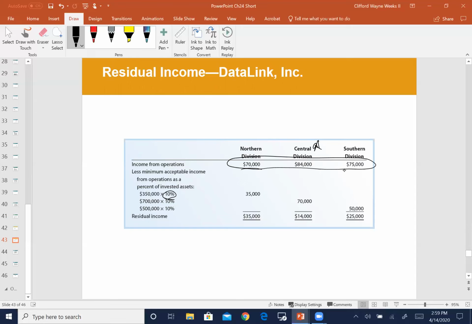And so we took the $350,000 and multiplied it by the 10%, giving us the 35. And so we took the 70, subtract the 35, and we have residual income of 35 for the Northern Division. This also allows you to rank them, just like the return on investment. This ranks as number 1, 2, and 3.